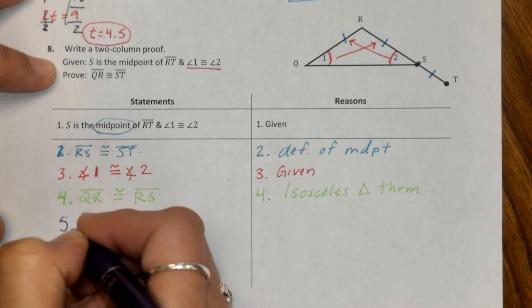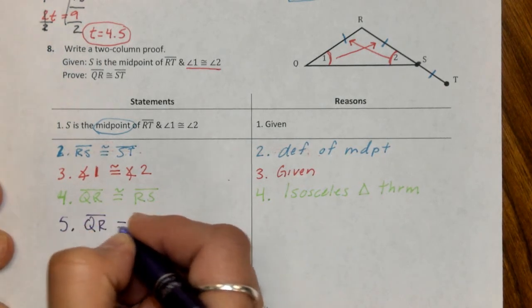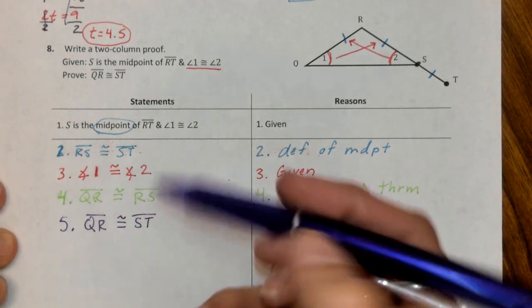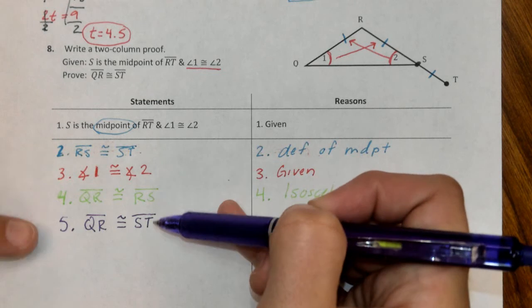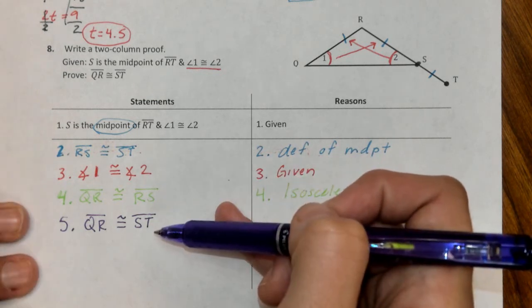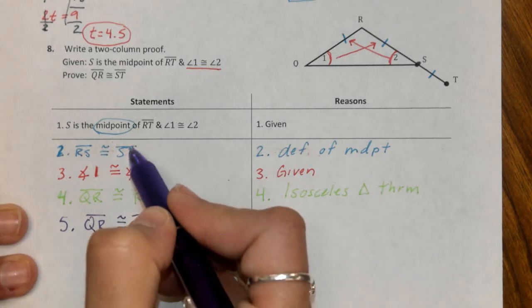Well, here we're going to go ahead and write down segment QR is congruent to segment ST. So we need to go up and use statements 2, 4, and 5 and try to decide, okay, do we have transitive or do we have substitution? Remember, with transitive, you have to cross out the middle man.